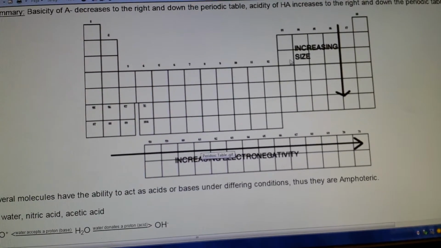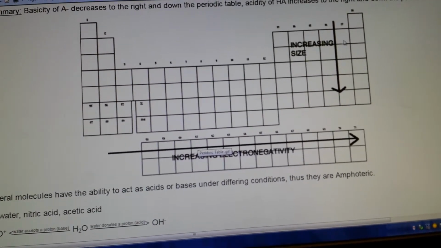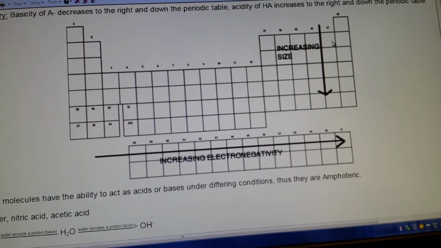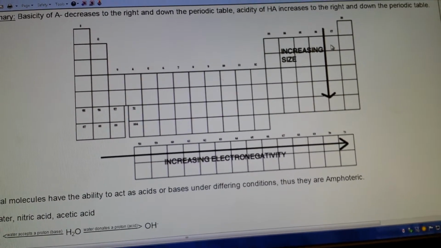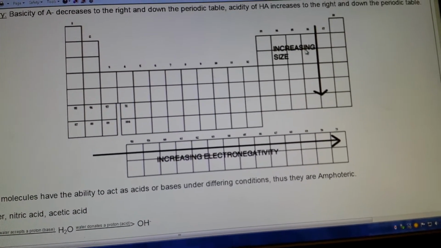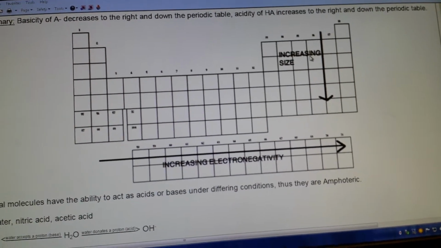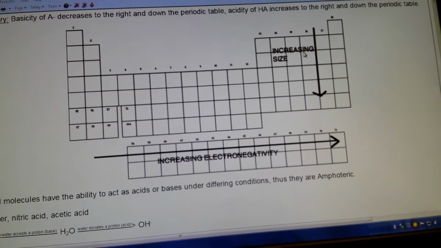The trend is that when we go towards the right, there is more electronegativity and more acidity, because a more acidic species is one that gives protons more easily.